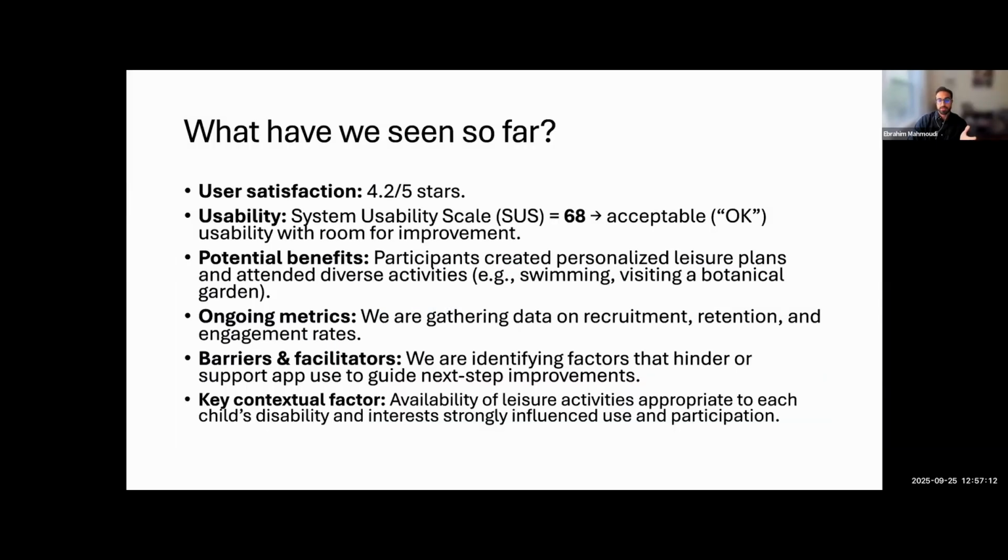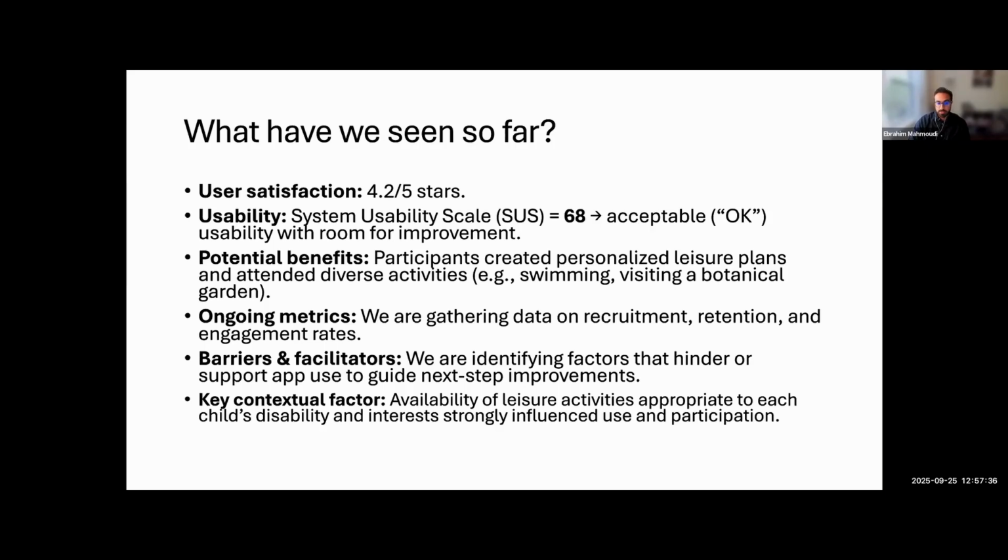What we have seen so far was really promising, because it's my doctoral work, and it was really exciting to see the results of all of those co-design processes. In terms of user satisfaction, we received a good response from users, 4.2 out of 5 stars. The System Usability Scale showed acceptable usability with definitely room for improvement.